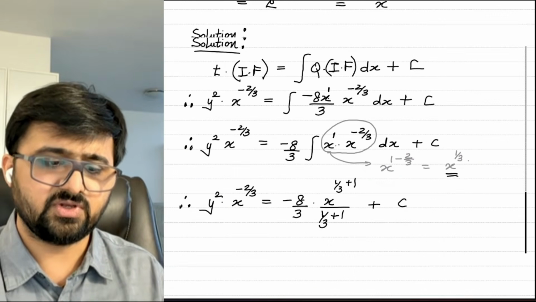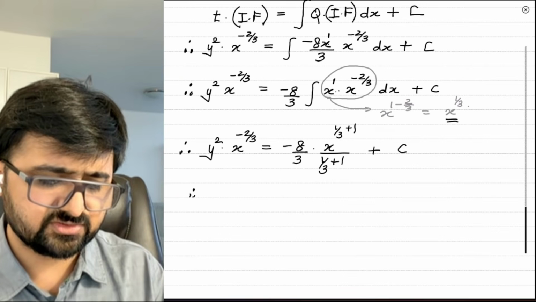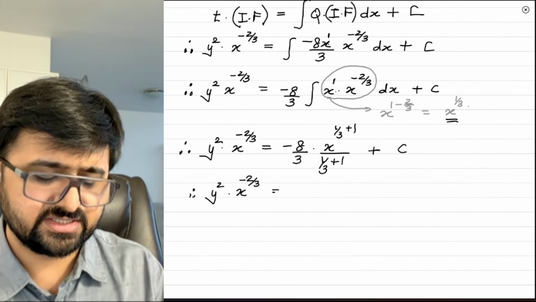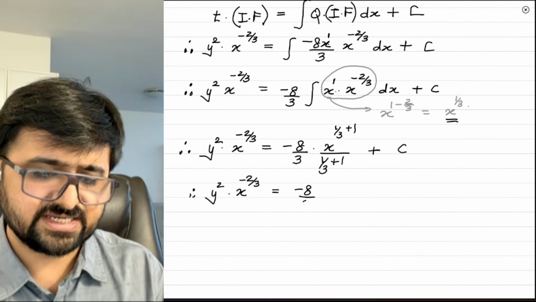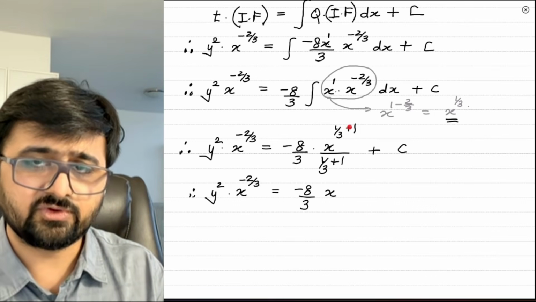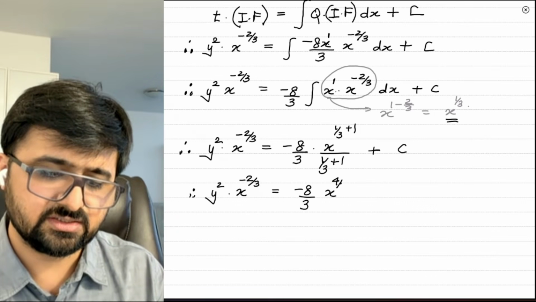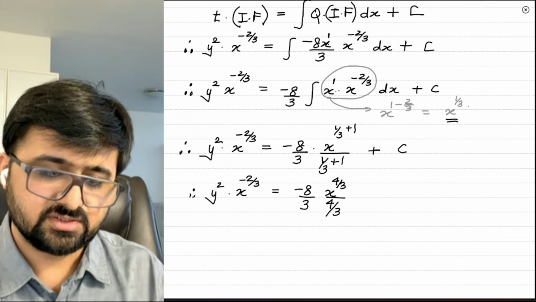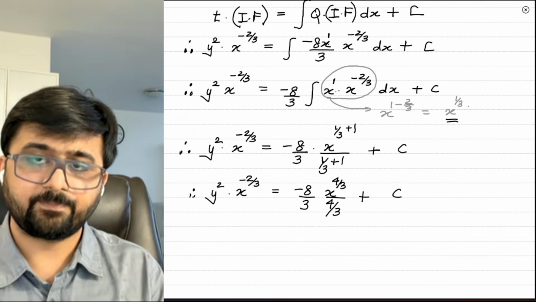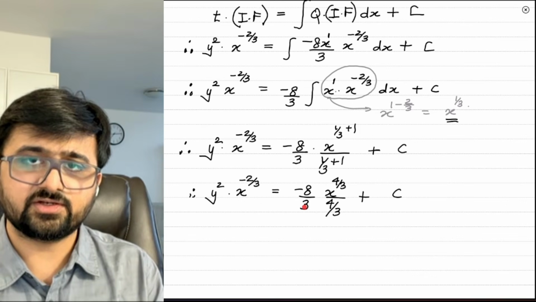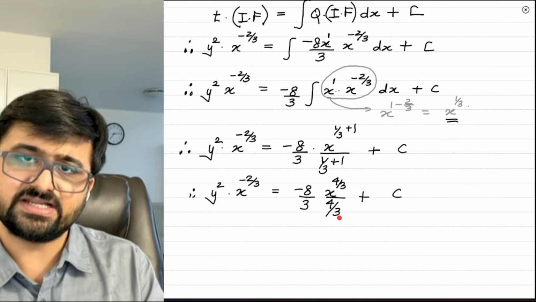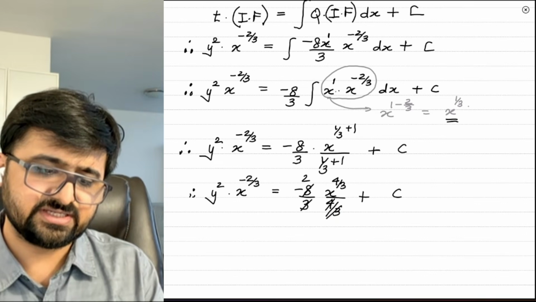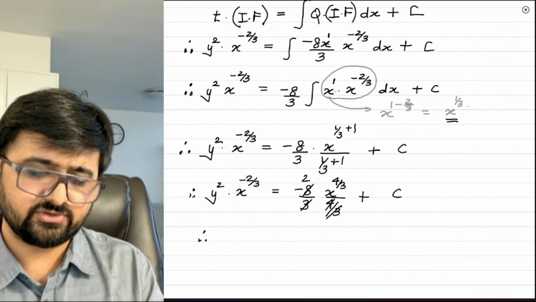So we have minus 8 by 3 x to the power 4 by 3 divided by 4 by 3, plus c. This 3 in the denominator and this 3 in the denominator's denominator get cancelled, and the 4 cancels with 8 leaving 2. So therefore you have the result.